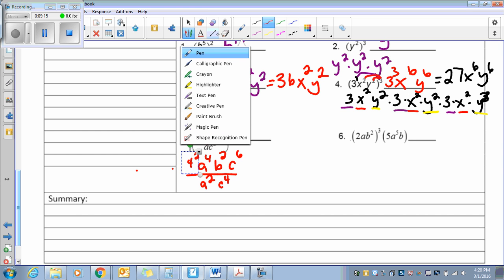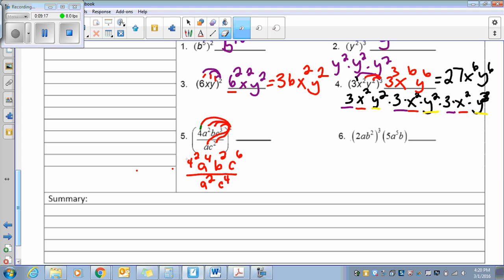So instead of having 4 squared, let's just make this a 16. So we have 16 here, and now we can work with the same bases. So we have a to the 4th and a squared we can work with, and then we can also do c to the 6th and c to the 4th. Because there's no other b, we will not work with that b. It's going to be by itself.